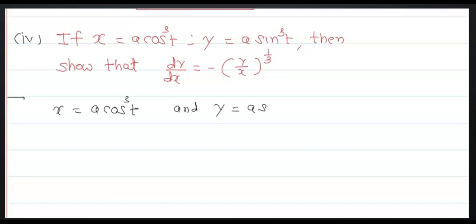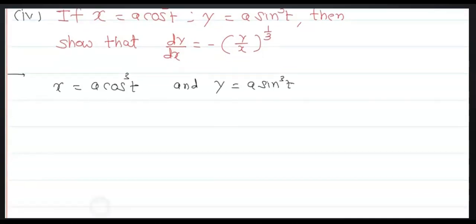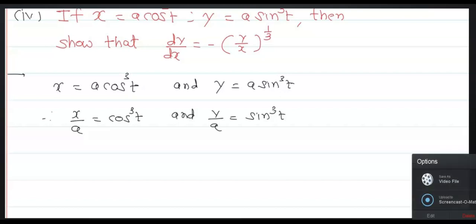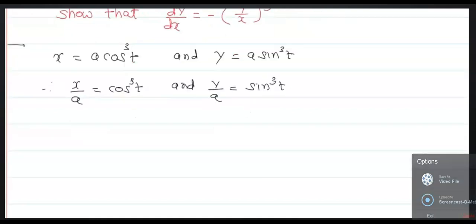Now x is equal to a cos cube t, y is equal to a sin cube t. Therefore x upon a is equal to cos cube t, y upon a is equal to sin cube t. Simple, you can write it down. Take cube root on both sides.